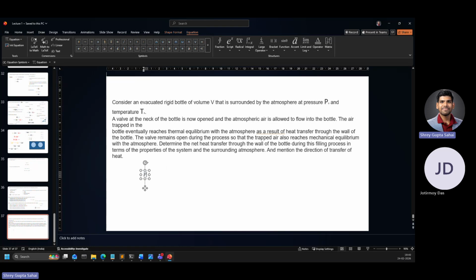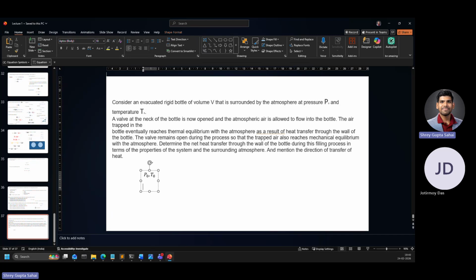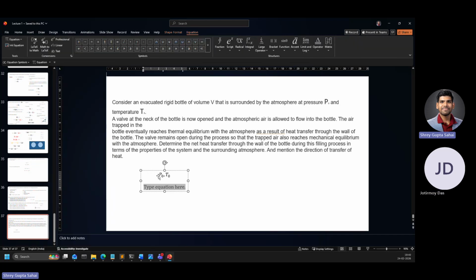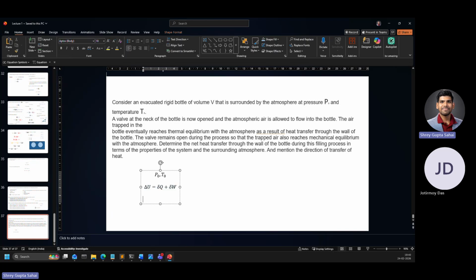Final state is P naught and T naught. If I apply the thermal energy equation, I will say delta U equals delta Q plus delta W. Again, my signs of Q and W are maybe a little different from yours, but it does not really matter.